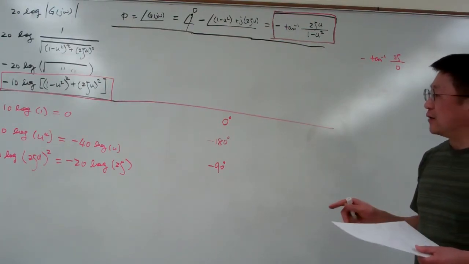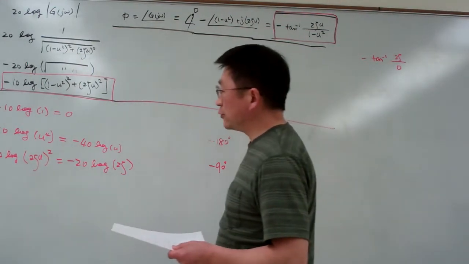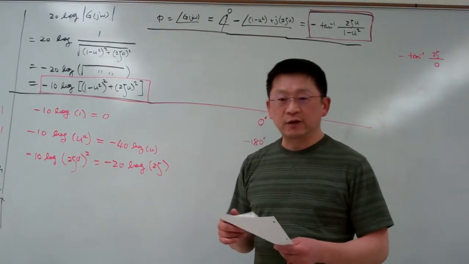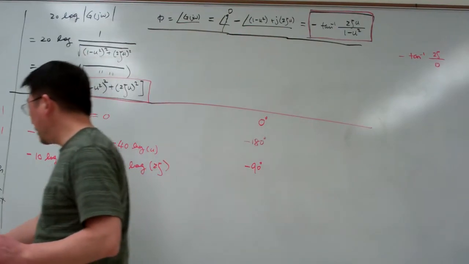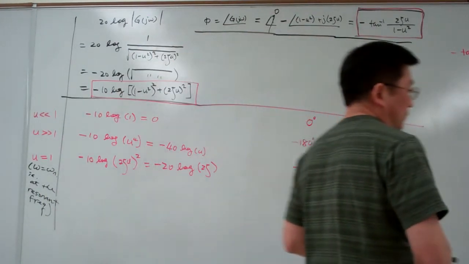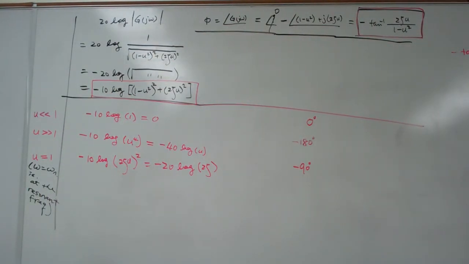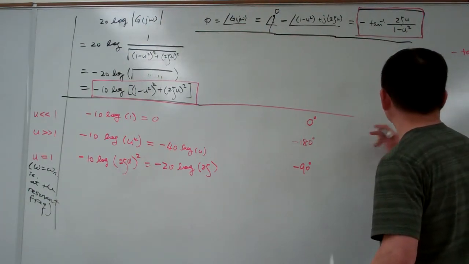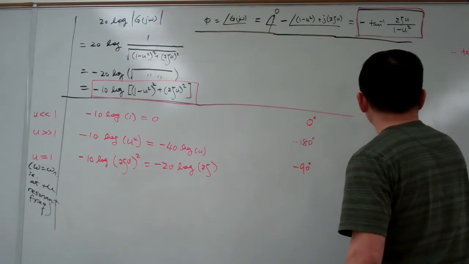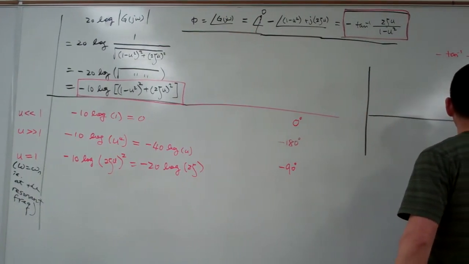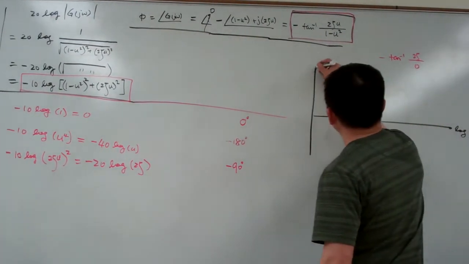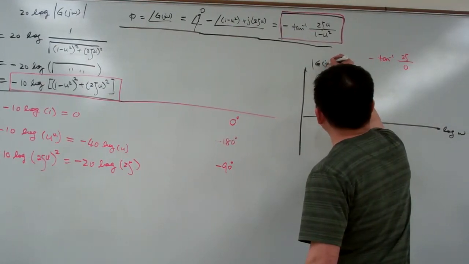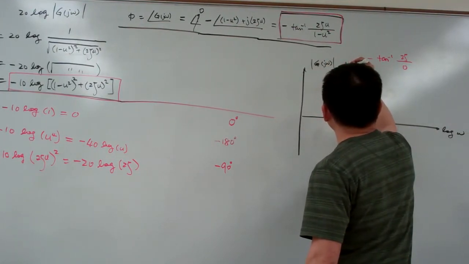In the handout I gave you, and you can use MATLAB as well, we have the curve. Say here we plot log omega, and this is the magnitude in dB.